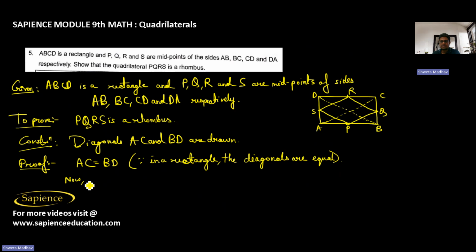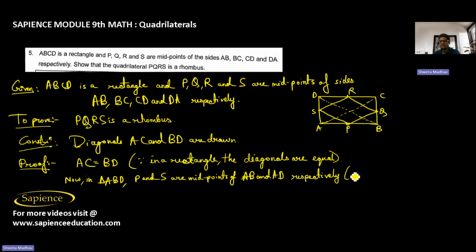So now we can say that in triangle ABD, P and S are midpoints of the sides AB and AD respectively, since it is given.